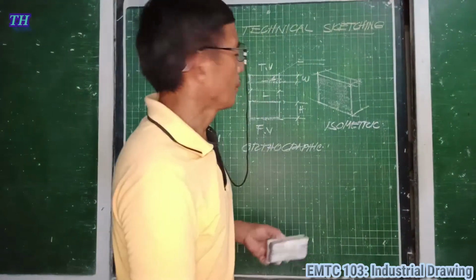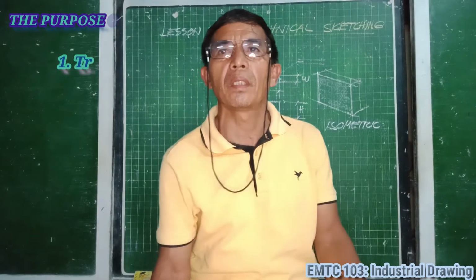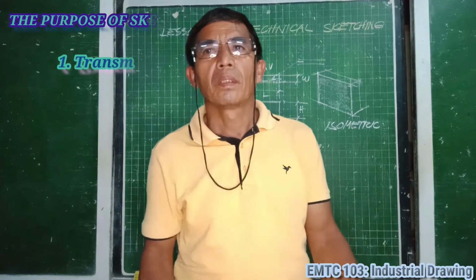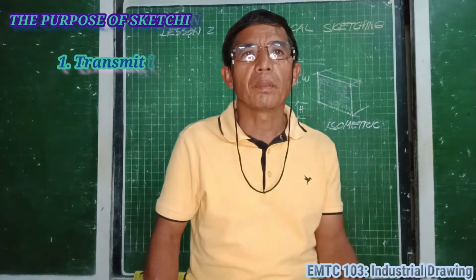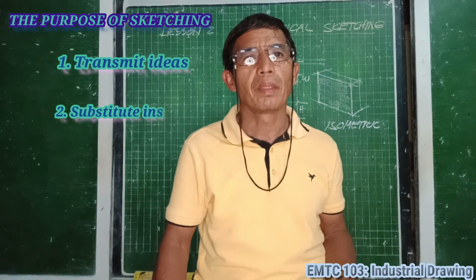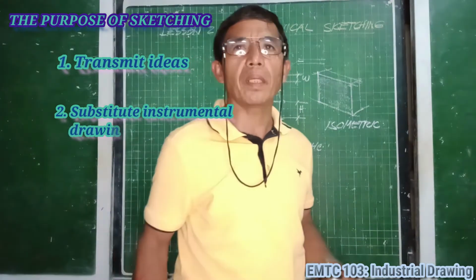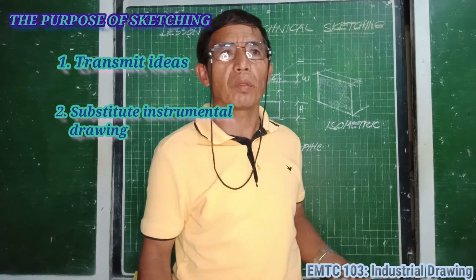Another use of technical sketching is to substitute for instrumental drawing when a technical sketch can solve the problem. So there's no need for you to draw mechanical drawings, especially in the field where an immediate solution is needed.